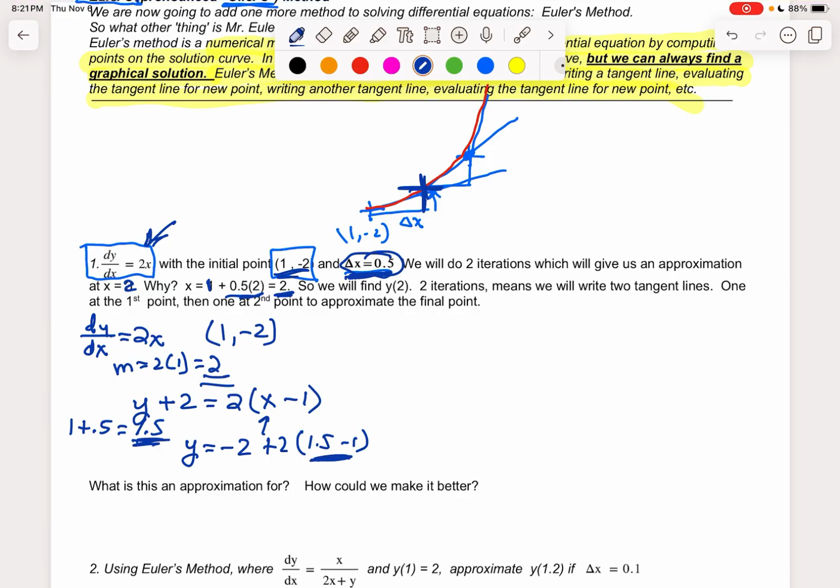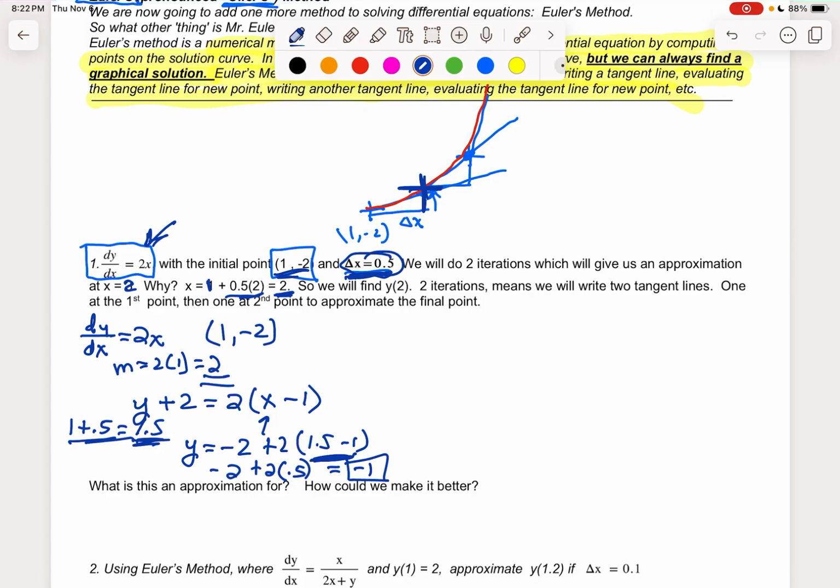This is our delta x, since whenever you plug in the new value and subtract where you were, it becomes delta x. So this is negative 2 plus 2 times 0.5, which is negative 2 plus 1, so our y value is negative 1.